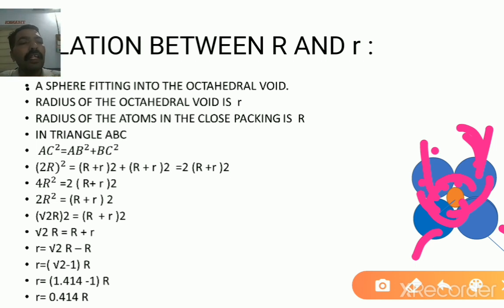The radius of the sphere fitting into the octahedral void is small r, and the radius of the atom in the close packing, of which only 4 atoms are shown in 2 dimensions, is capital R. Understand this: the radius of this constituent particle is capital R, and the radius of this octahedral void is small r.